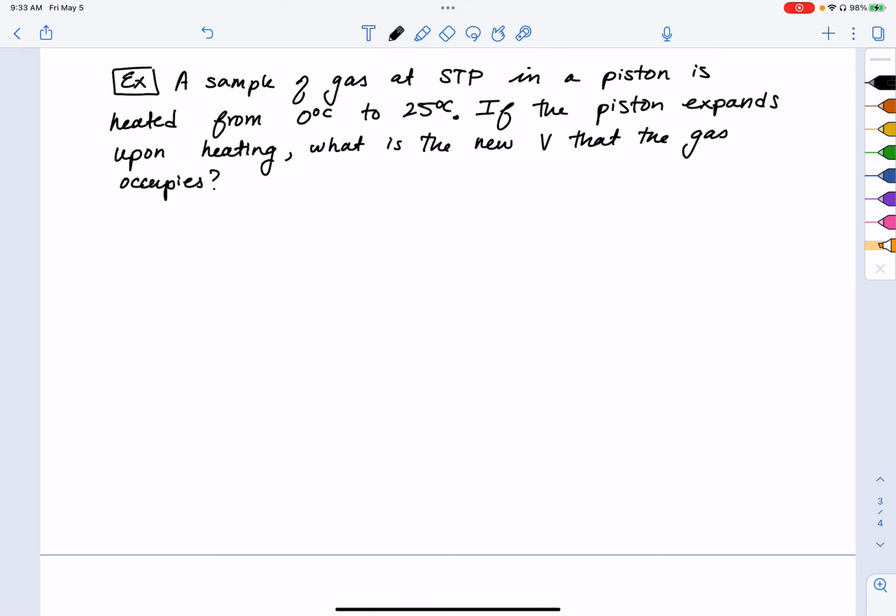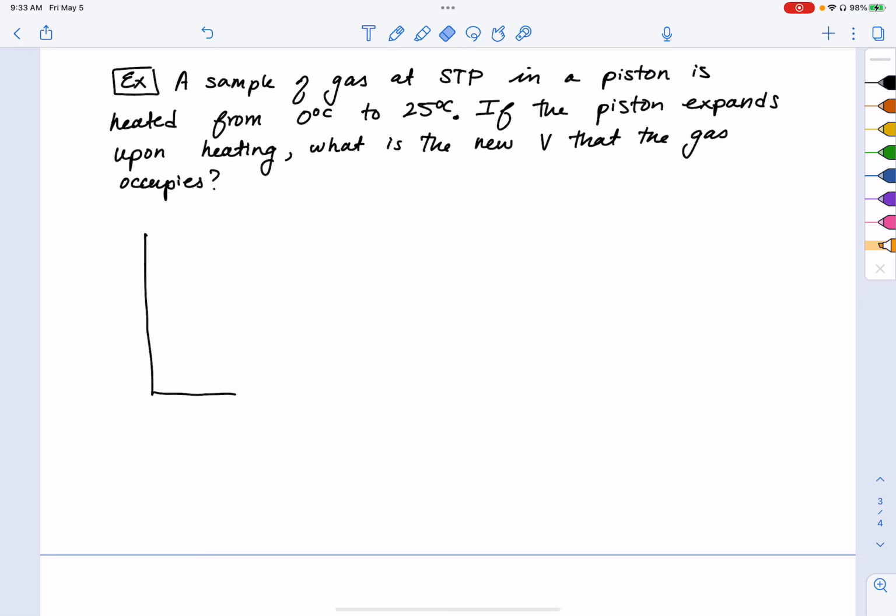So we were told in this example that we have a sample of gas at standard temperature and pressure in a piston. So remember, a piston is like what you would see with a syringe. This is just a container that is sealed but yet movable.